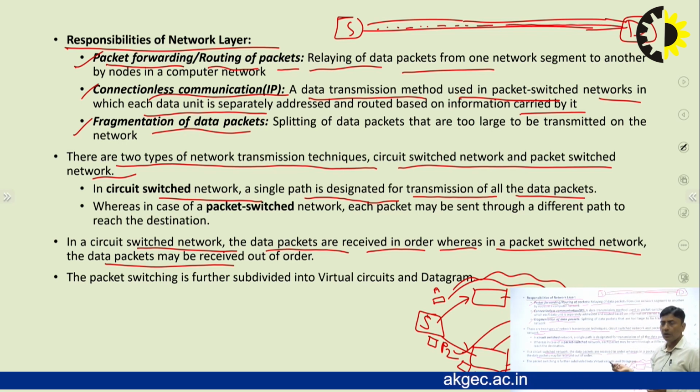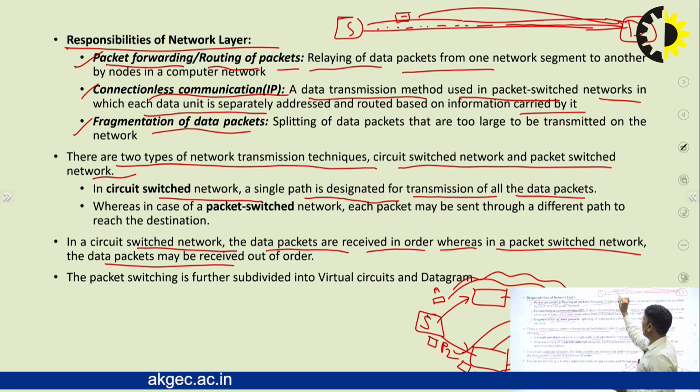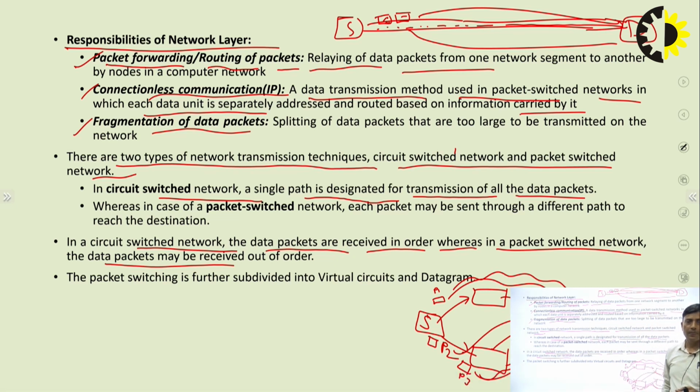It is very clear: the packet transmitted first is delivered first, and the packet transmitted later is delivered later. The same path is there, no? This is why in packet switch data is delivered out of order, and in circuit switch data is delivered in order, in sequence. Packet switching is further subdivided into virtual circuits and datagrams.